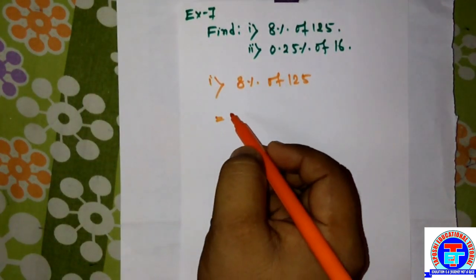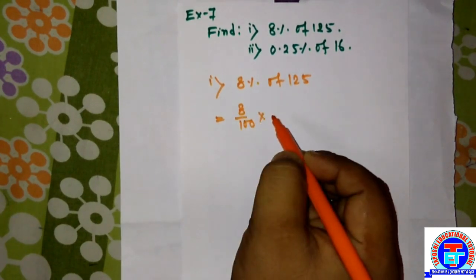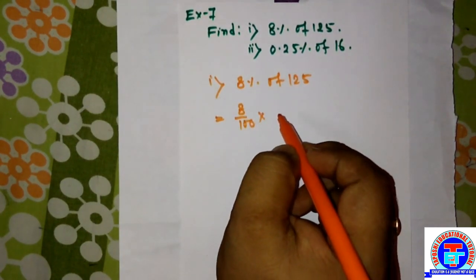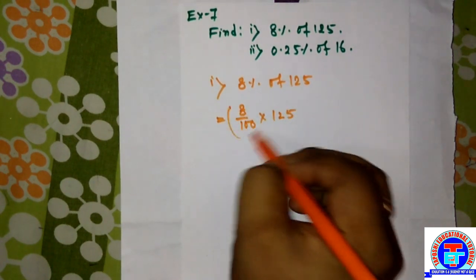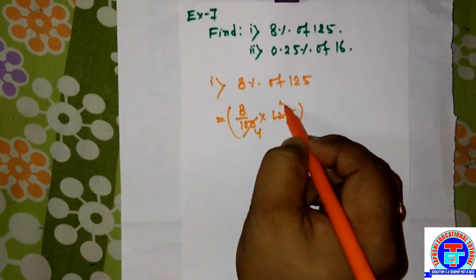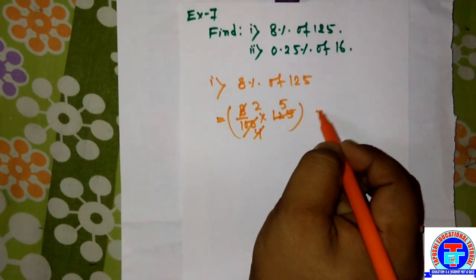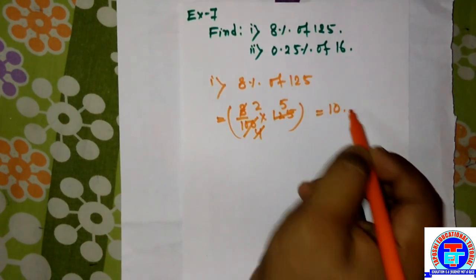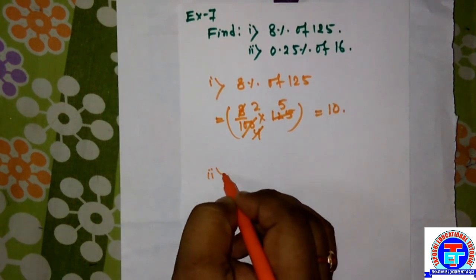Here we write 8 by 100 into, of means into, 125, right? Now this will become 4 and this will become 5 and this will become 2. So it will come 10. This is the answer.